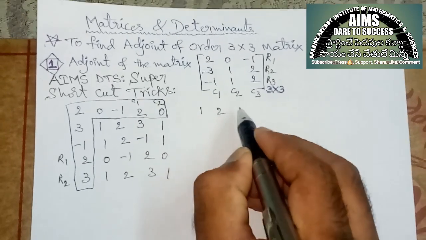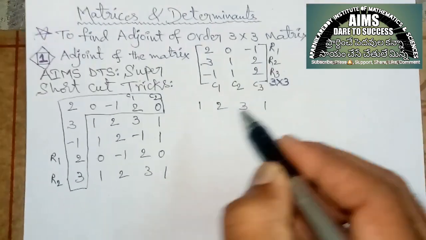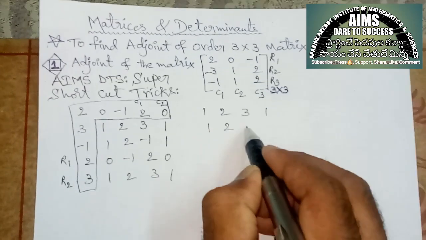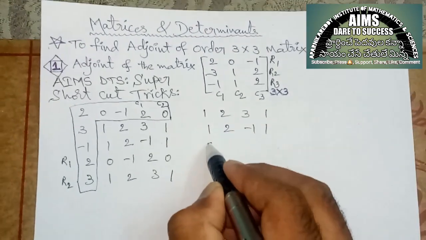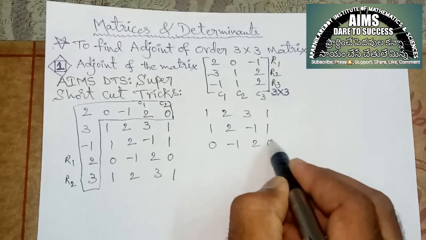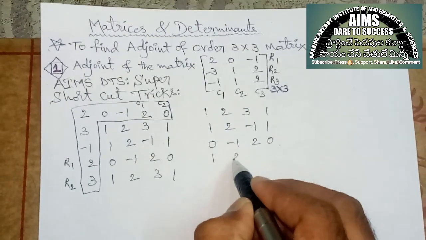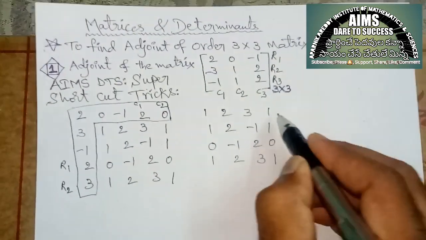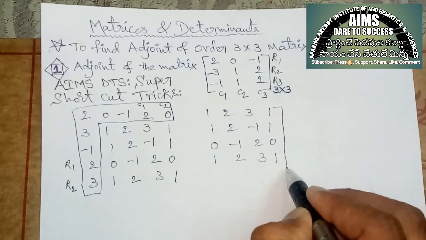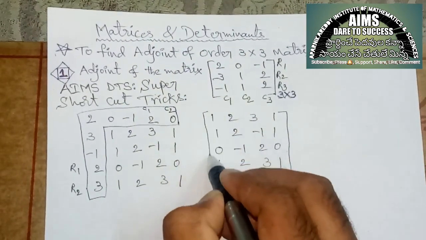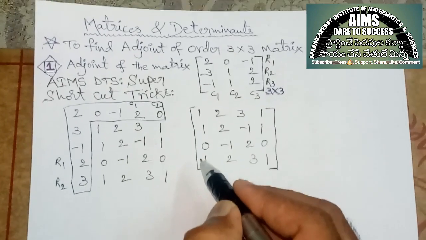That is 1, 2, 3, 1. 1, 2, minus 1, 1. 0, minus 1, 2, 0. And the last one is 1, 2, 3, 1. This is a 4 by 4 order matrix.